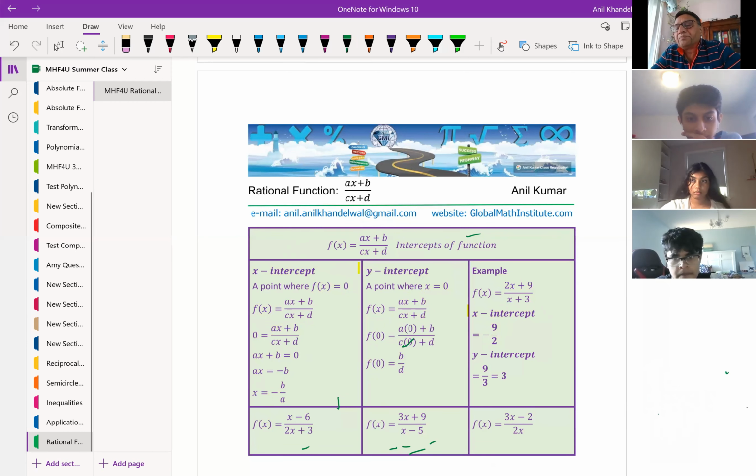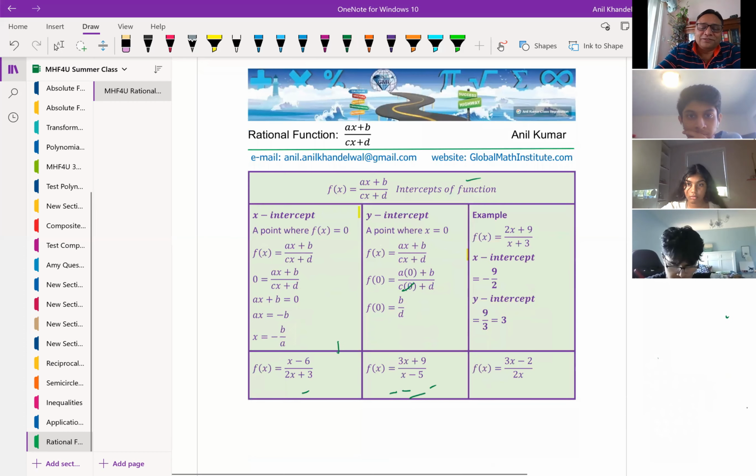If I ask you to give me a rational function which has an x-intercept of 2 over 3 and a y-intercept of 5, this can help you find the values a, b, c, d. You can get those values, correct? More to come. Don't worry.